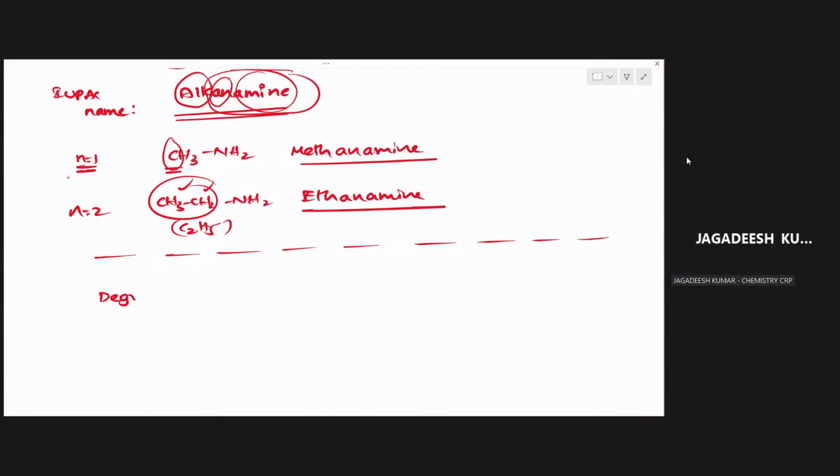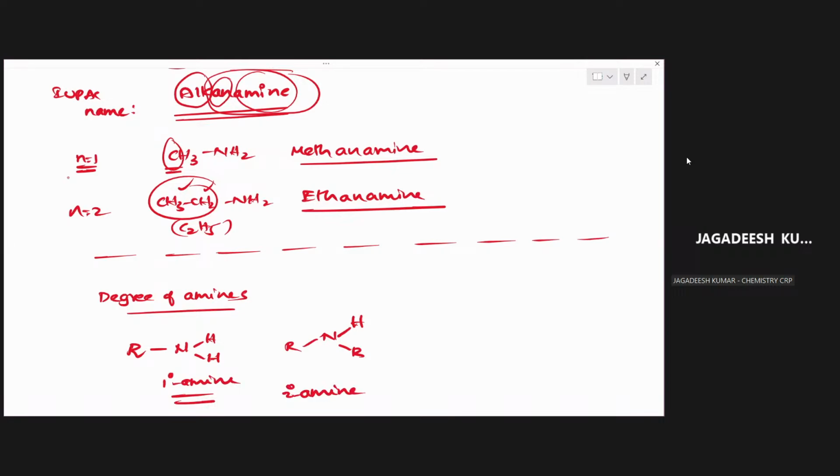Generally here we can discuss the degree of amines also, because we already discussed the degree of carbons and degree of hydrogens. Degree of amines means what here? In the amines, if nitrogen is connected with 2 hydrogens and 1 alkyl group, then it is called a primary amine. If nitrogen is connected with only 1 hydrogen, but the remaining both are alkyl groups, then it is called a secondary amine.